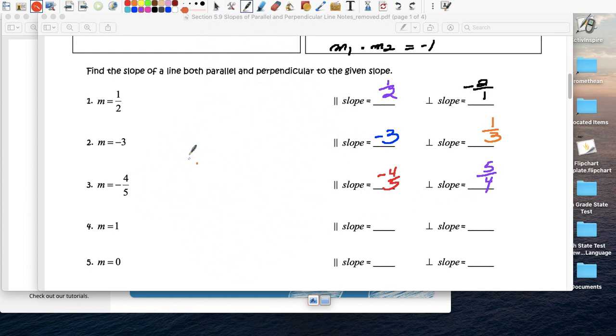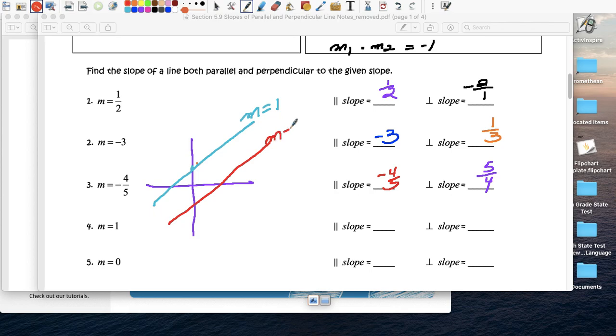Next one, again, here's the graph. Let's say the slope is 1, right? Go up 1, right 1, up 1, right 1. I don't know what the y-intercept is, I'm just making this up. So here, the slope of this line is 1. If you had a line that was parallel to that one, let me just draw it right here, parallel, they will never intersect. What would be the slope of this line?